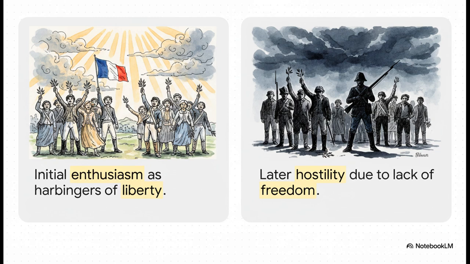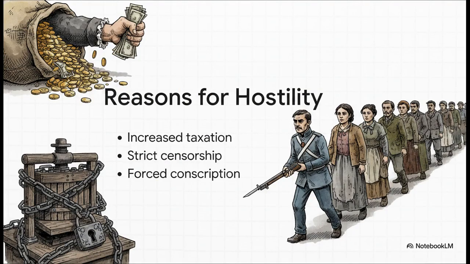Why? Because the local populations very quickly realized that these great new administrative arrangements did not equal actual political freedom. You'll want to memorize these exact 3 reasons why that enthusiasm flipped to hostility. First, the French slapped increased taxation on the everyday citizens just to fund their massive growing empire. Second, they brought in incredibly strict censorship laws to control exactly what was being said in newspapers and books.